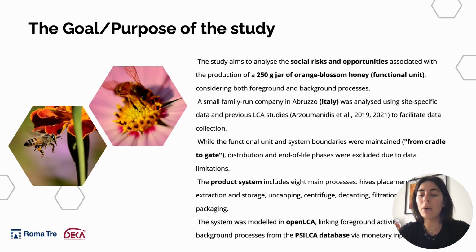To achieve this, the authors used the OpenLCA software and the PSLCA database, as well established tools for evaluating social input using a risk-based approach. These allow them to model a complete product system despite limited availability of primary social data. Of course, the 2015 grams jar of orange blossom honey is our functional unit.